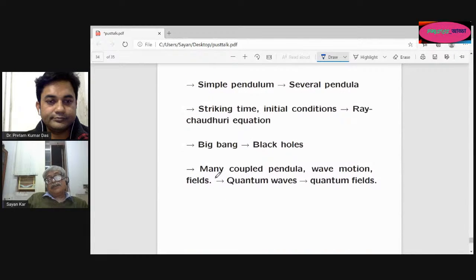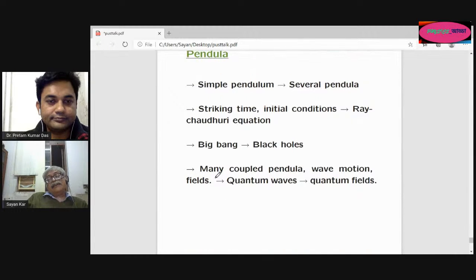What I did not tell you about is what would happen if there are many coupled pendula. That's going to give you wave motion, and when you have quantization of those waves, that gives rise to quantum fields.